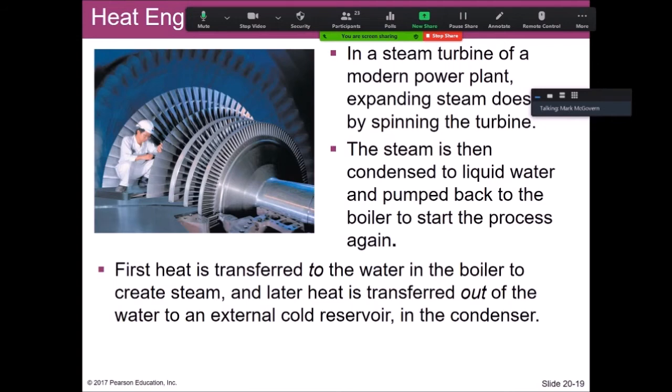But there's no way you could heat up the steam, spin the turbine, and have nothing discarded. That would mean that if you could extract all of the energy out of the water, your water would be at a temperature of 0, and you can't do that. So a certain percentage of the heat in the steam can be put into spinning the turbine, and the rest is expelled to the cold reservoir.